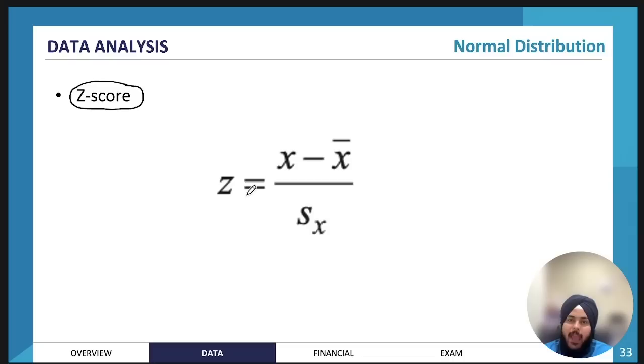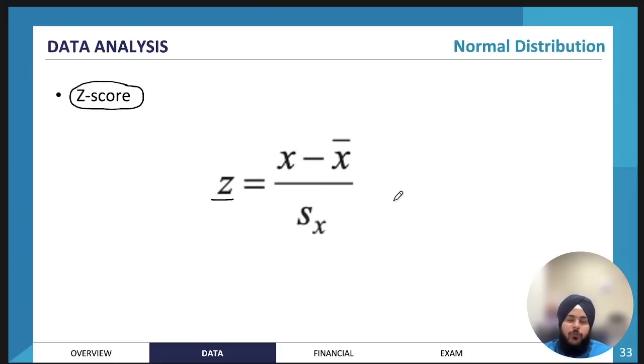We want to compare how the sizes of that apple and orange compare to the actual population. Is my apple bigger or is my orange bigger, in terms of how big apples normally are and how big oranges usually are? So that is when we might use the z-score. What the z-score does is it standardizes the value to a standard normal distribution.